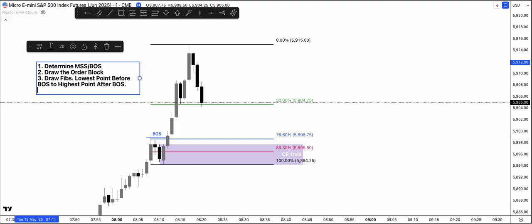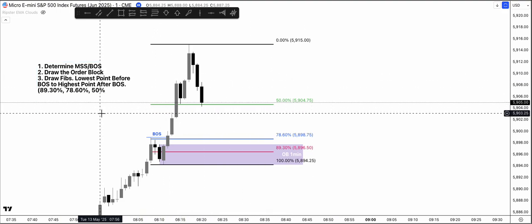For entries, we are going to focus on the 78.60, the order block, and the 89.30. I'm just going to put here in parentheses 89.30%, 78.60%, and 50%.